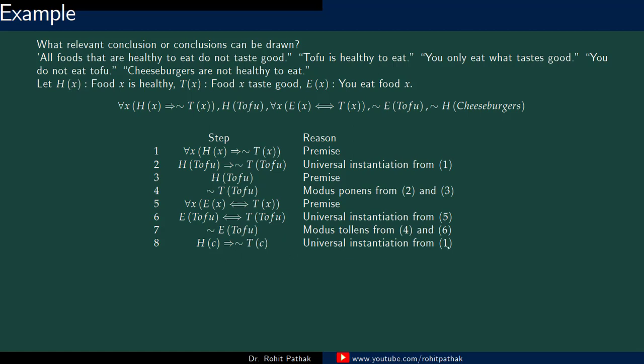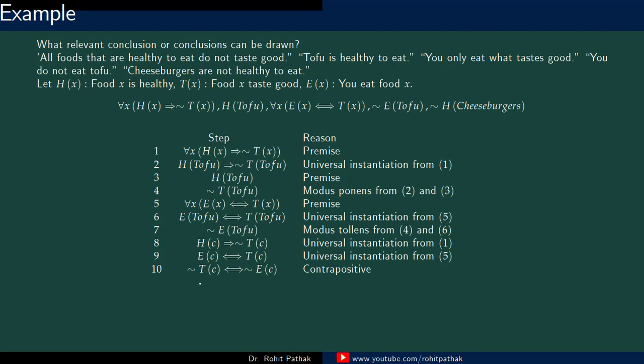Universal instantiation from 1. Here, for all x, Hx implies negation Tx. So for any arbitrary c, this is true. Then universal instantiation from 5. Step 5 is also true for any c. Then writing the contrapositive: you can replace the if and only if by an implication, Ec implies Tc.